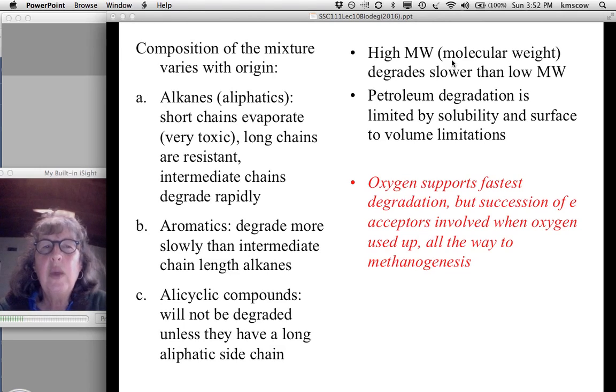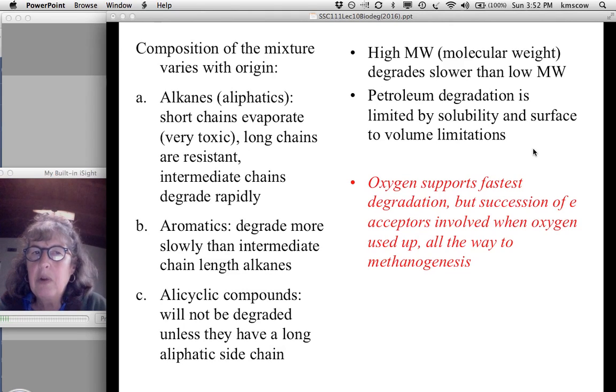Okay, high molecular weight compounds, so that means these really long chain ones, or aromatics that are multiple rings all glommed together, which you see sometimes, these polyaromatic hydrocarbons, they degrade more slowly than low molecular weight molecules. And a big, big issue for petroleum is availability, because petroleum compounds are low in solubility, and when you have a spill, they often come out in big blobs of a material that microbes can't really get a handle on.